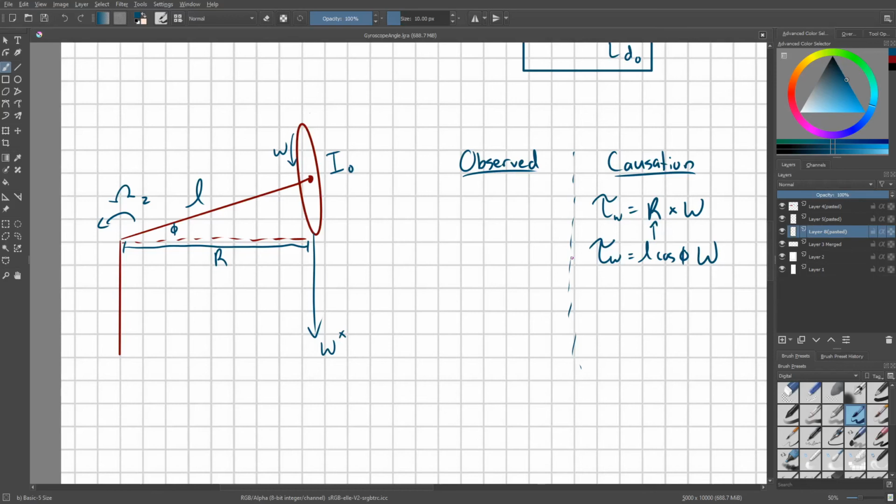Perfect. If you're wondering how we get from this cross product to this algebra, when these two are perfectly perpendicular to each other, then the cross product is the same as just the multiplication, at least in terms of magnitude. And I'm not worrying about direction because we're labeling our directions very clearly in this diagram.